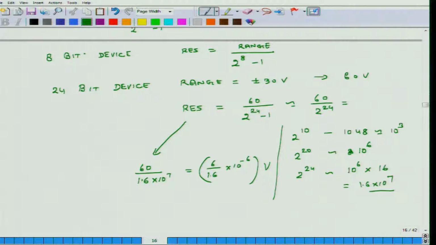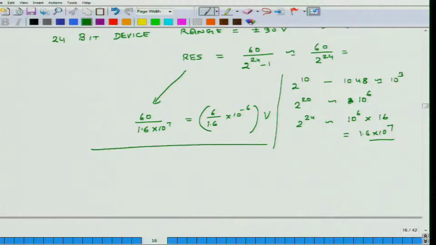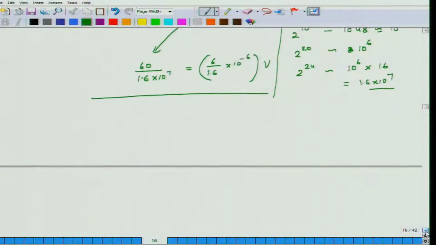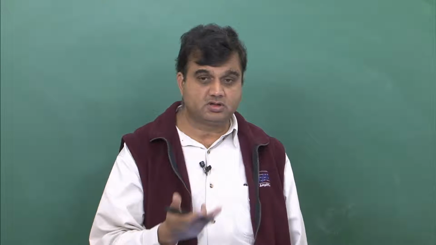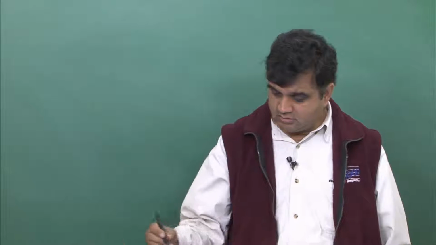So, now you would be wondering, why is this important? But first we have to learn how to calculate the resolution of this A to D converter. This is important, because if we are interested in making very small measurements, then the resolution of the A to D converter has to support that kind of a measurement.